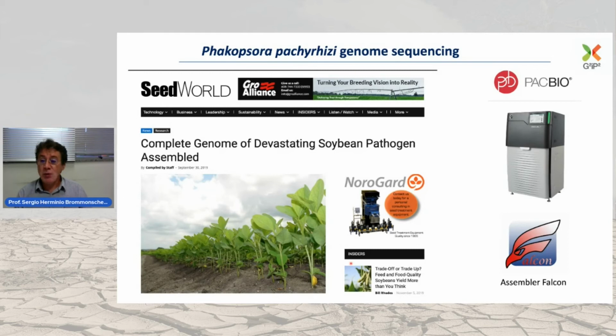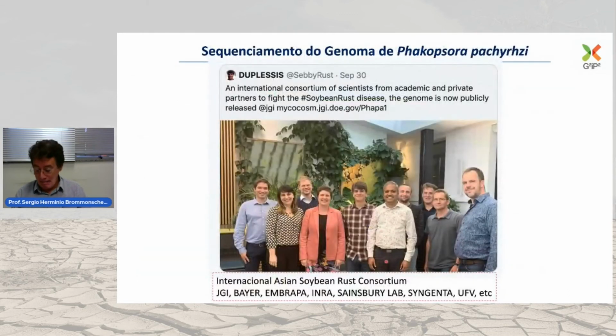So improvement in technology in the last 5 or 10 years has allowed us to do something that people were not able to do before. There was an attempt to sequence Phakopsora pachyrhizi a few years ago by JGI, but it was not successful because of the technology available at that time.